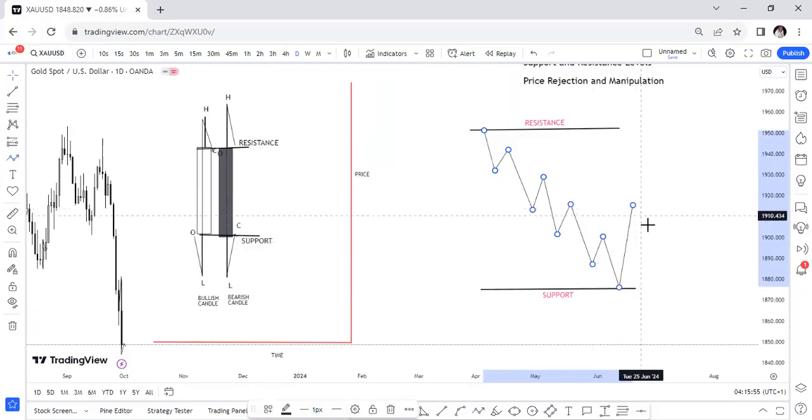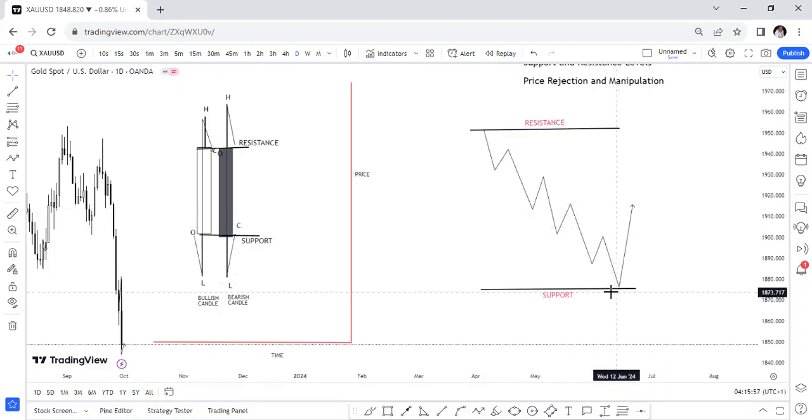So this particular place where it bounces off this level, this is what we call the price rejection. That means sellers reject the lower price.